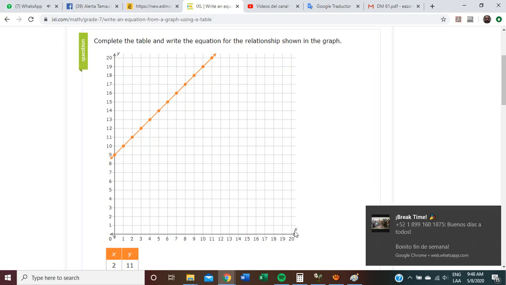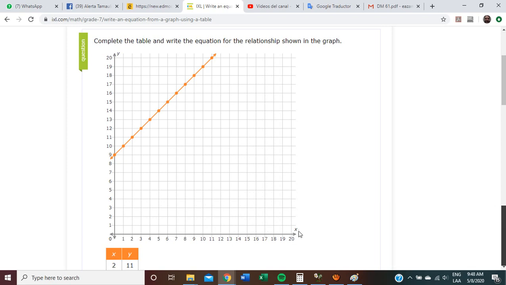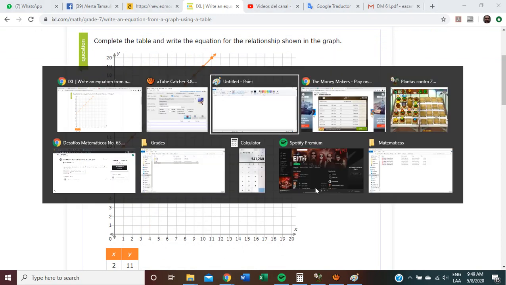Remember, the horizontal line is the x-axis and the vertical line is the y-axis. When x equals 0, y equals 9. When x equals 1, y equals 10, and so on.